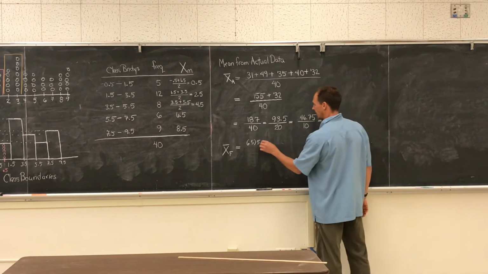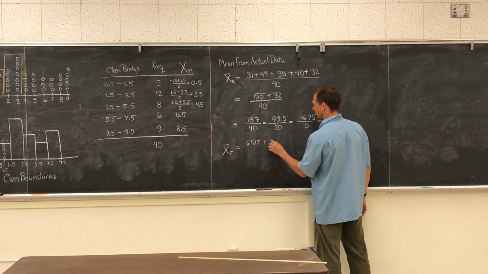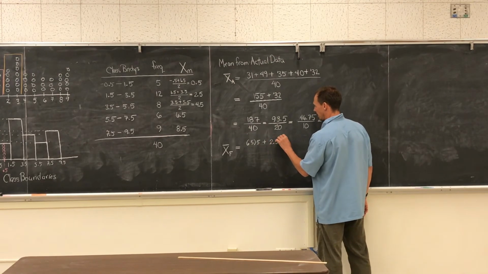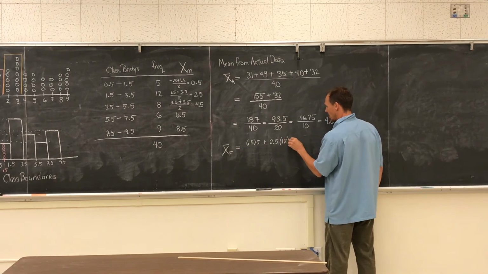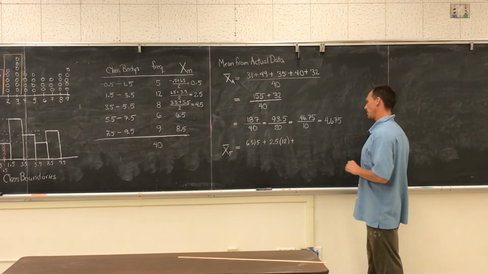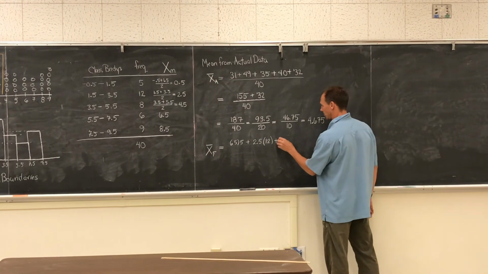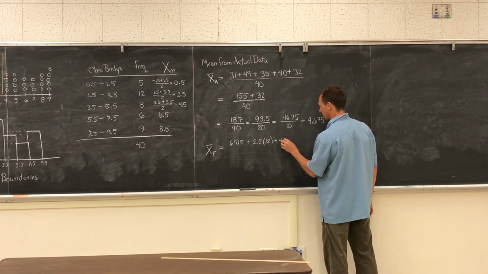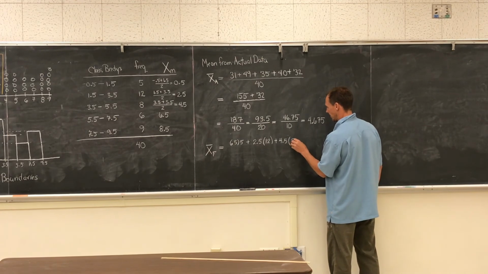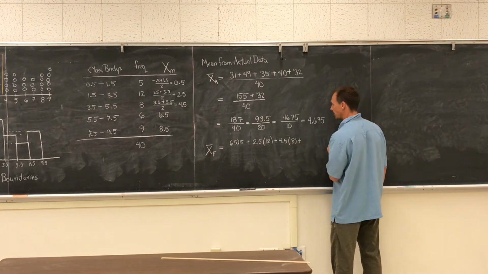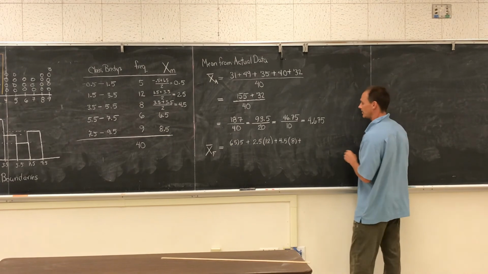Our next data, those are 2.5s. But how many do I have? I have 12 of those, plus, then my next ones are 4.5s. How many of those do I have? I have 8. Plus, then I have 6.5s.